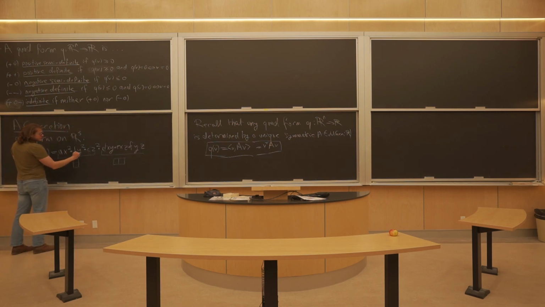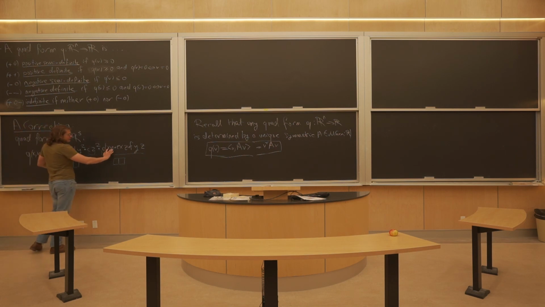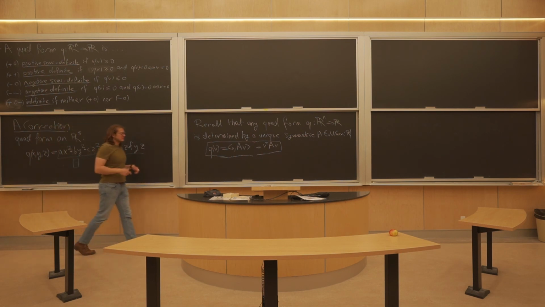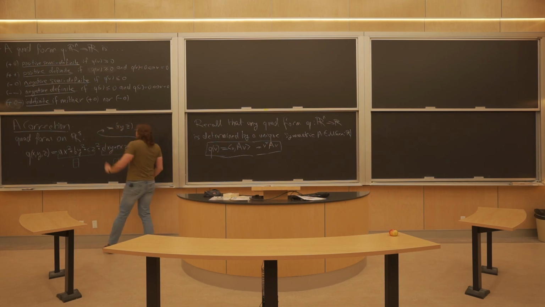So these terms are going to go to the diagonal, and then the xy term is going to be the same as the yx term when I'm looking at the matrix here. So this I can write like this. This is the xyz vector written as a row vector, and then I'm going to have a 3 by 3 matrix, and then xyz like this.